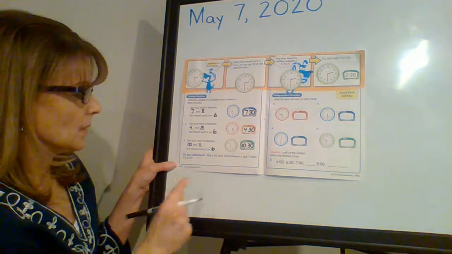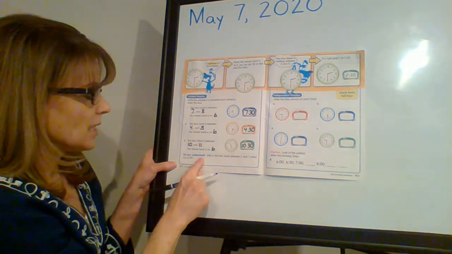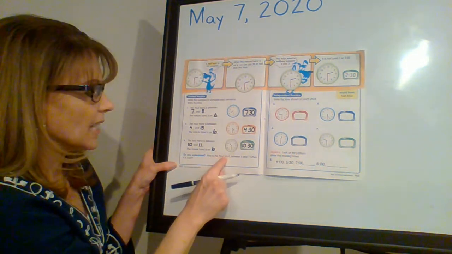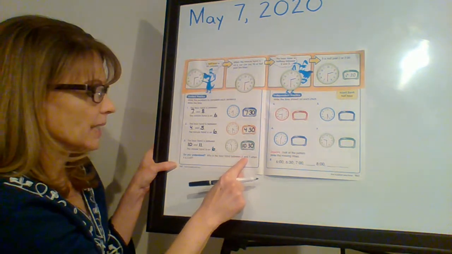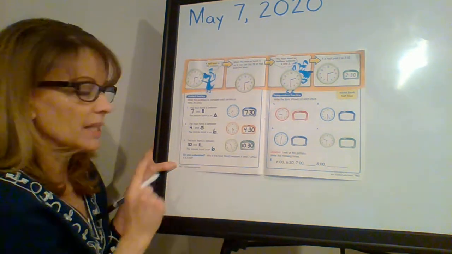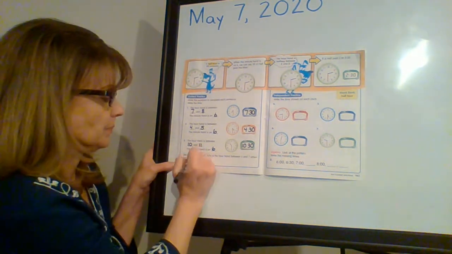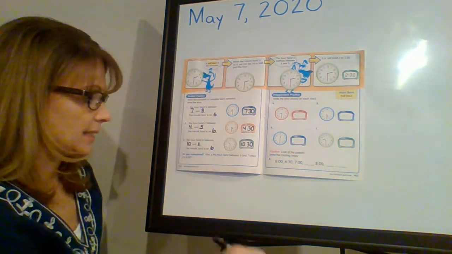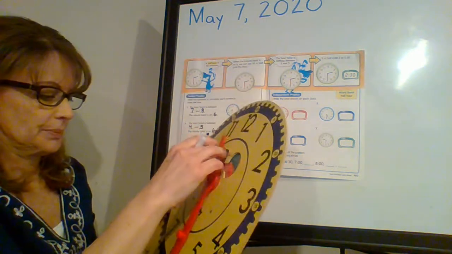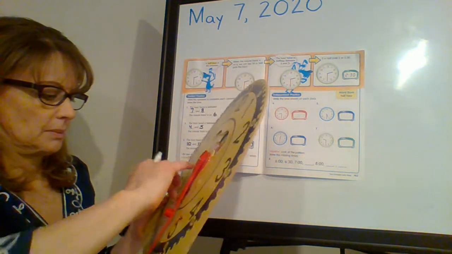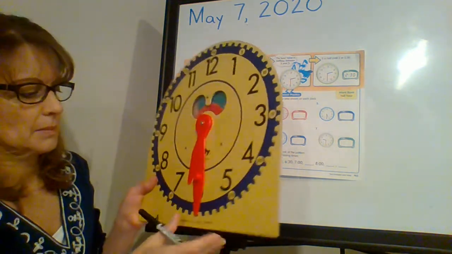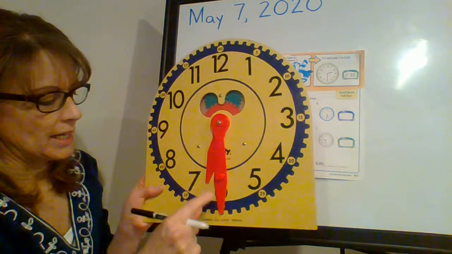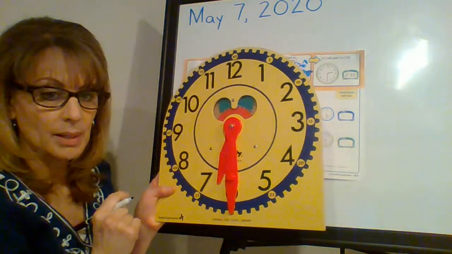Excellent. Do you understand? Why is the hour hand between 6 and 7 when it is 6:30? So when you're looking at 6:30, why is the hour hand between 6 and 7?